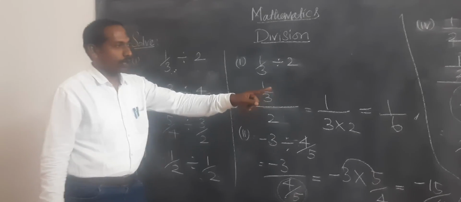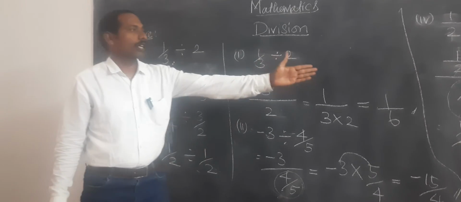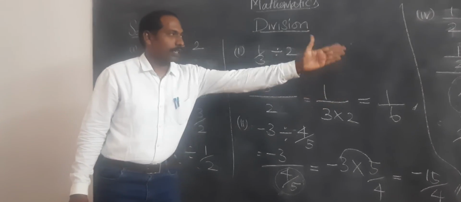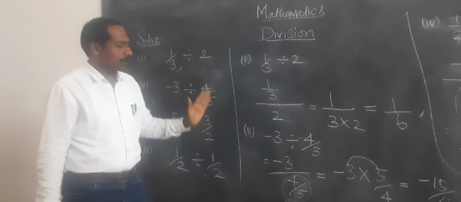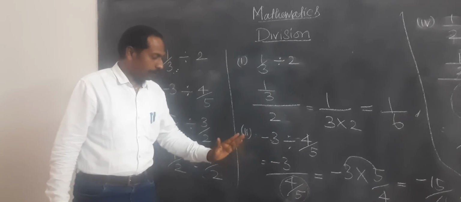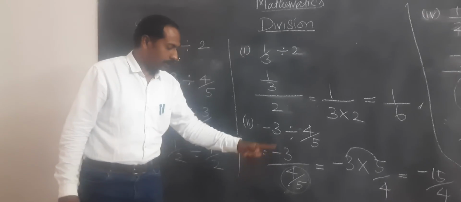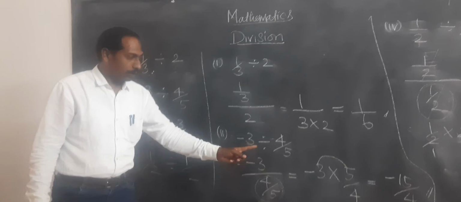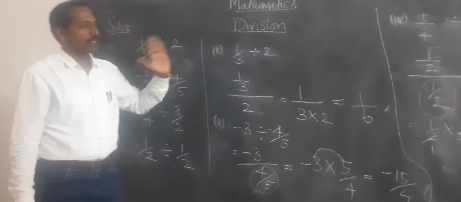For the same numbers in the division, you directly simplify and get the final answer. The main concept is that if you get any fraction in the denominator, you interchange it, that means take the reciprocal of the denominator, simplify, and then you will get the answer. This is the main concept of division problems.